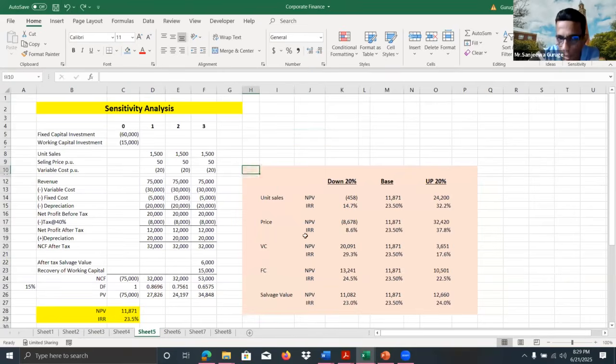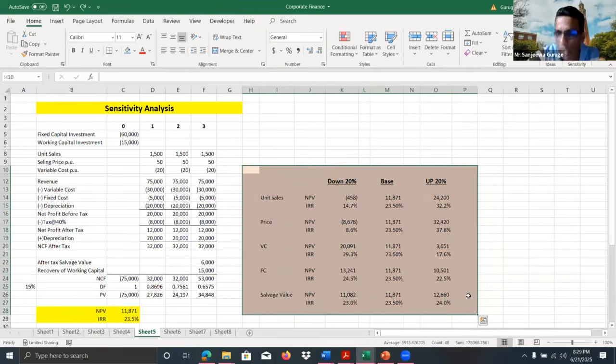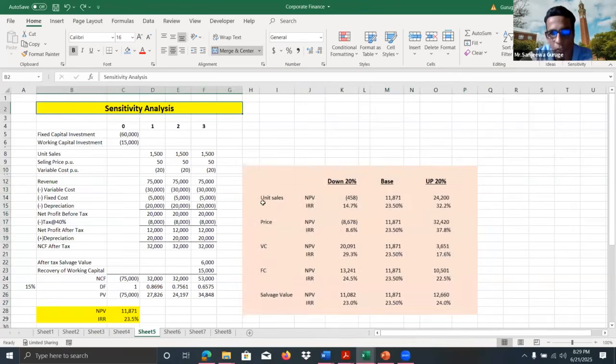Sensitivity analysis is one technique we use to analyze the risk of a project. We can identify the sensitivity of each variable. In sensitivity analysis, we change only one variable at a time and identify the impact.